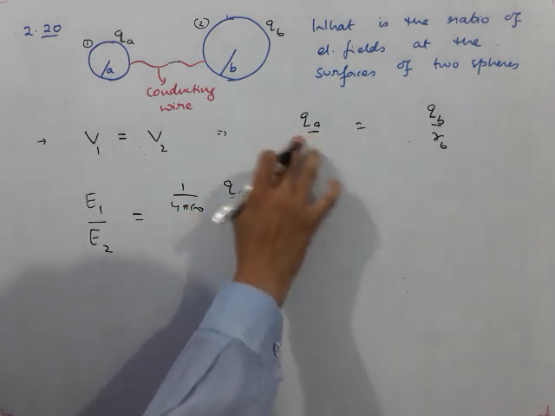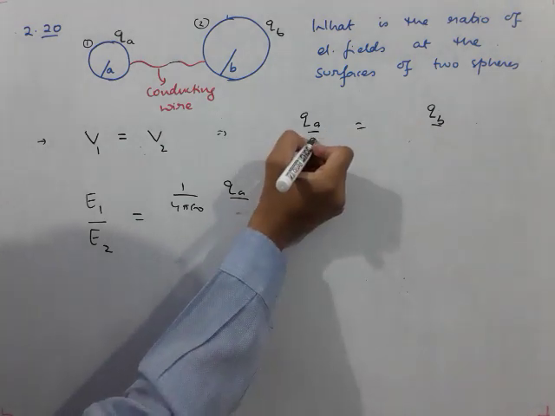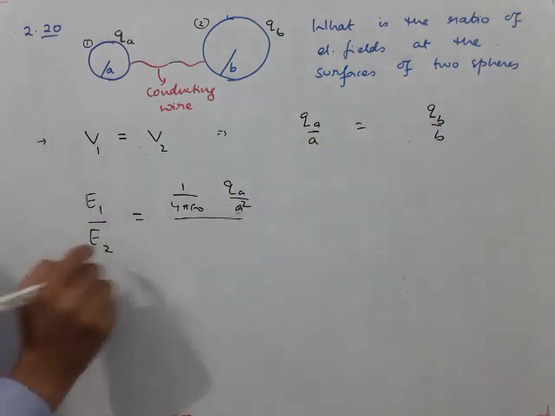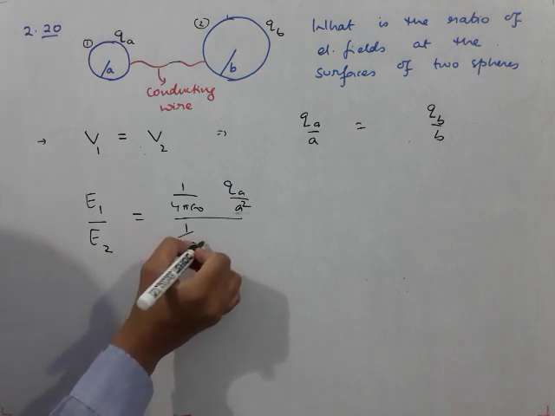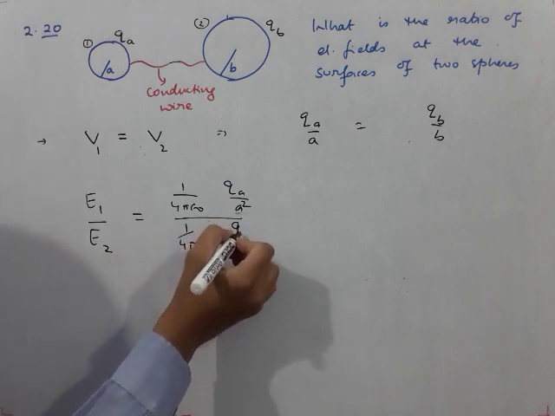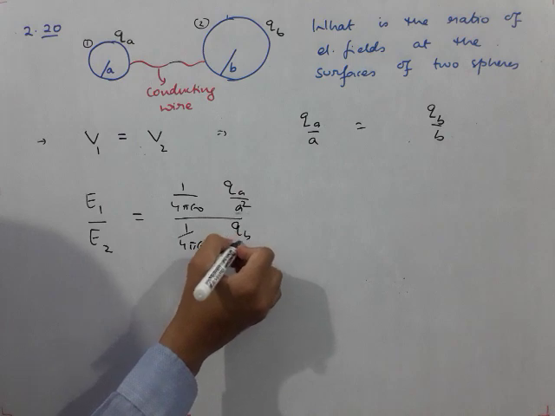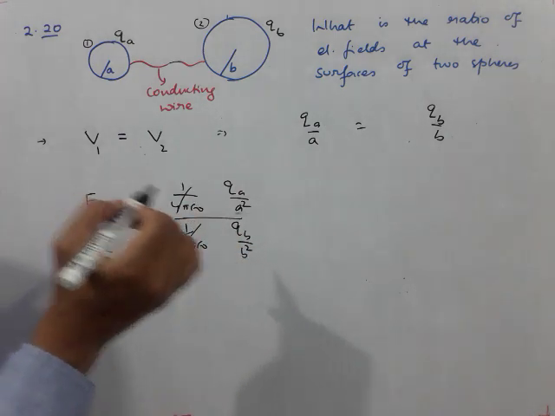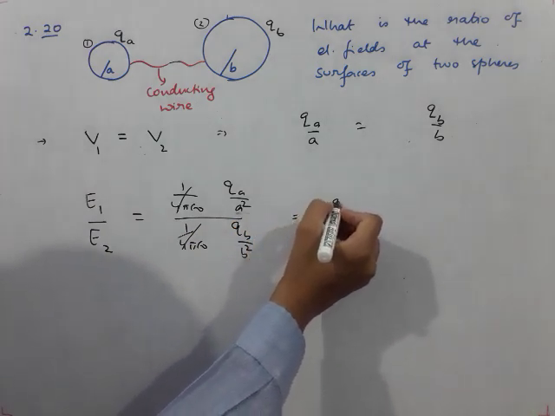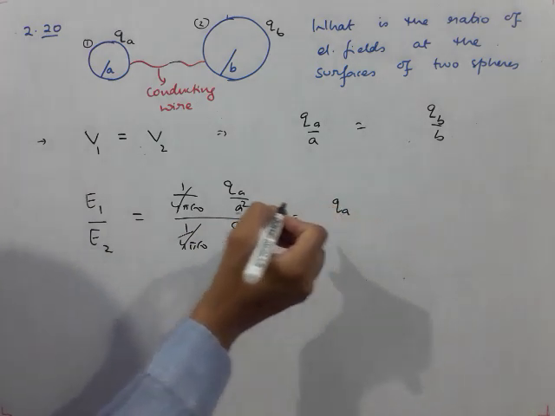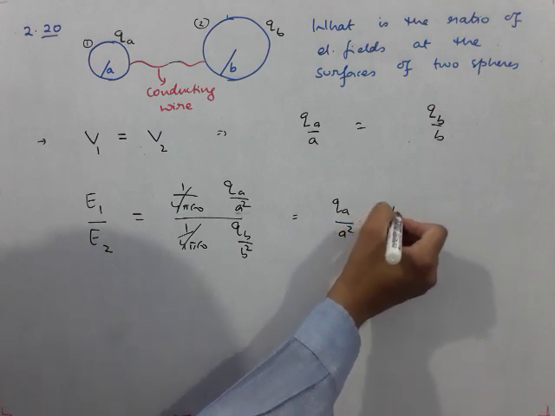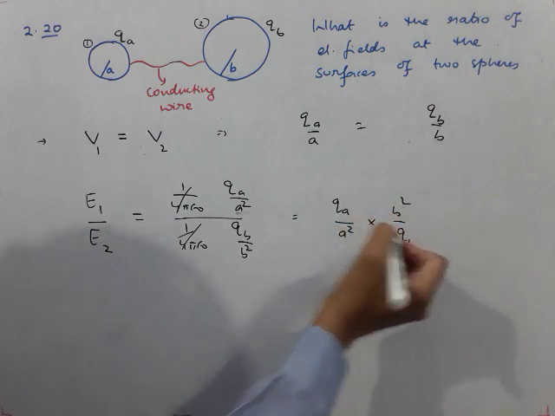It's not RA and RB, it's A and B. E2 will be how much? 1 by 4 pi epsilon naught charge on that sphere by radius square. So 1 by 4 pi epsilon naught cancels. Now this we can write as QA by A square into B square upon QB.